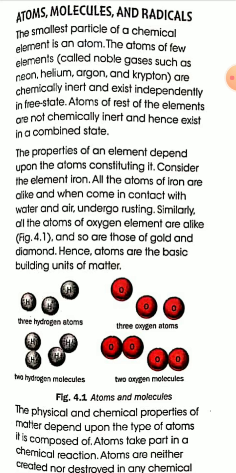Similarly, all the atoms of the element oxygen are alike, and so are those of gold and diamond. Hence, atoms are the basic building unit of matter. So, what are the building units of matter? The answer is atoms.